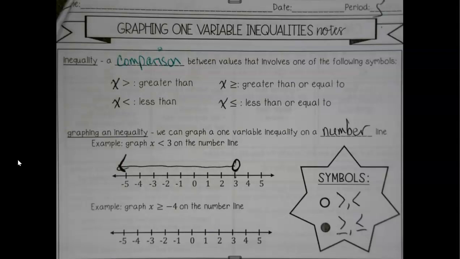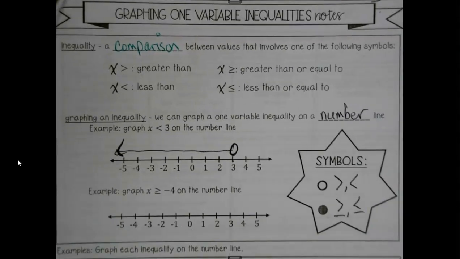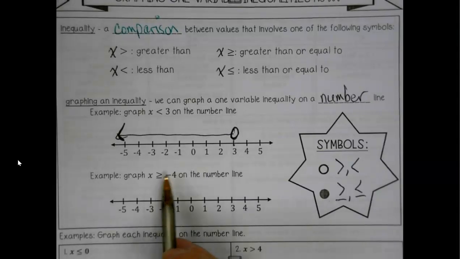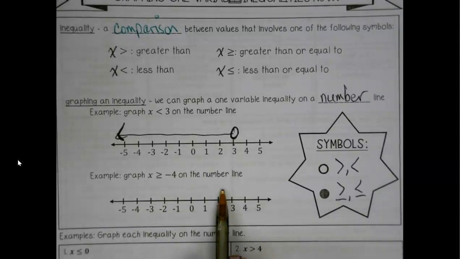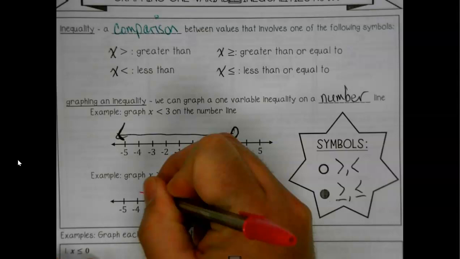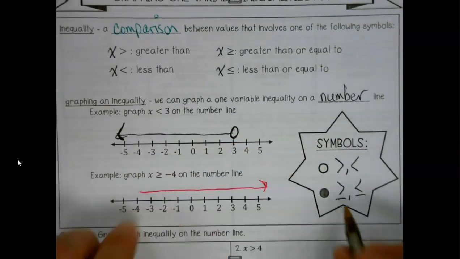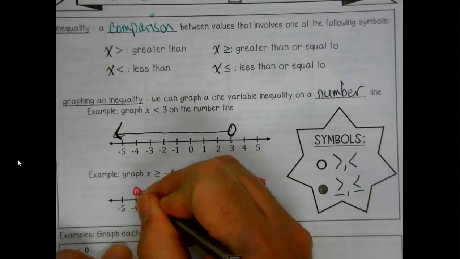We're just not going to count 3 with it. One more piece here, and then one more kind of hint that may help out moving ahead. Graph x is greater than or equal to -4, okay? Greater than -4, we're heading to the right. That's where the numbers are getting bigger. Greater than or equal to, we're going to have a closed dot.